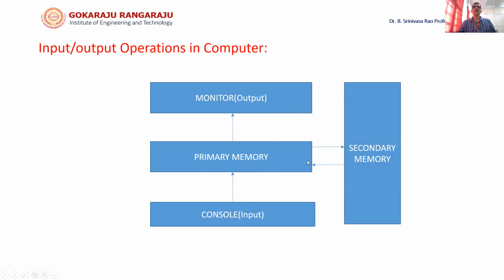Similarly, if we want to display the data from secondary or primary memory on the monitor, it is said to be the output operations. Now, in the C language, for these input-output operations, some specific library functions are available. With those functions, we can perform these input-output operations, which we are going to learn in the coming slides.